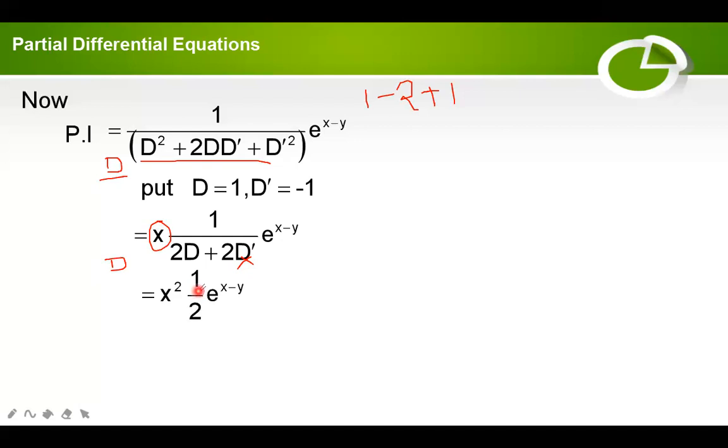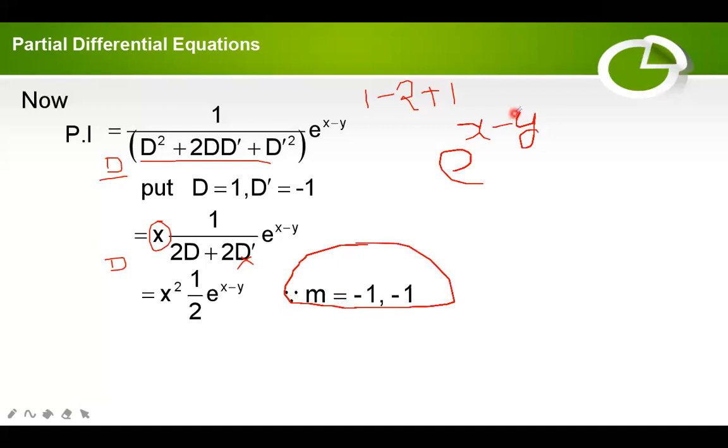So simply, whenever the exponent on the right-hand side has a coefficient that equals the root, definitely this denominator will be 0.